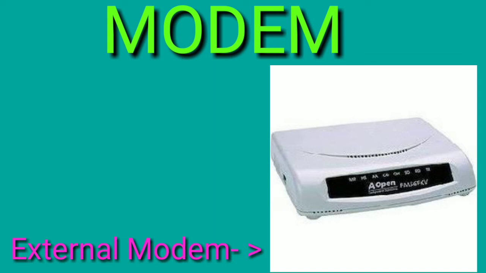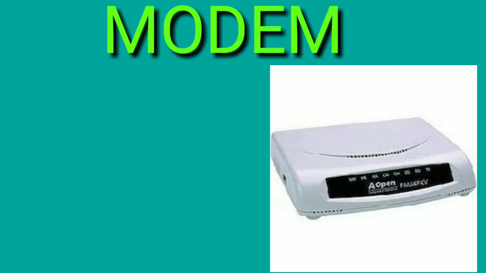The advantage of this type of modem is good portability, so it can easily be removed for use on another computer. Besides, by using an external modem, no expansion slot is sacrificed, so it can be used for other purposes.